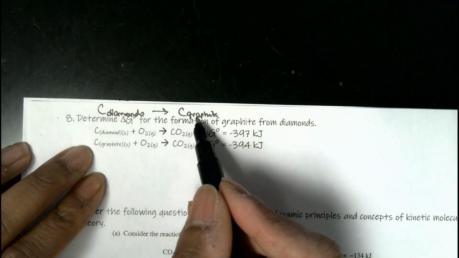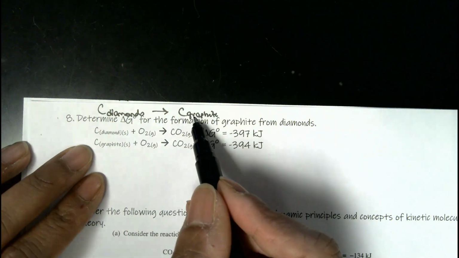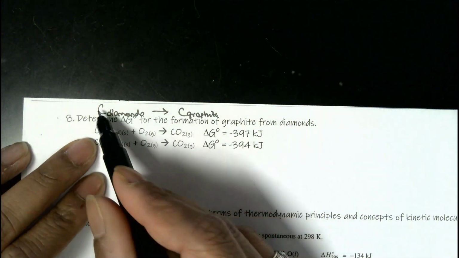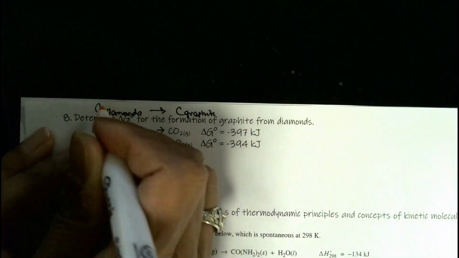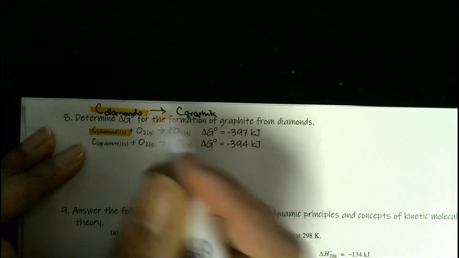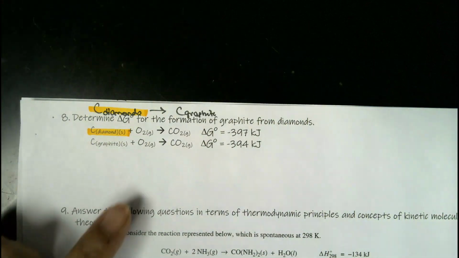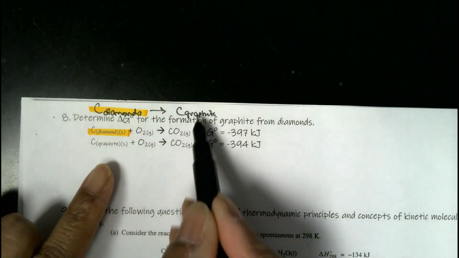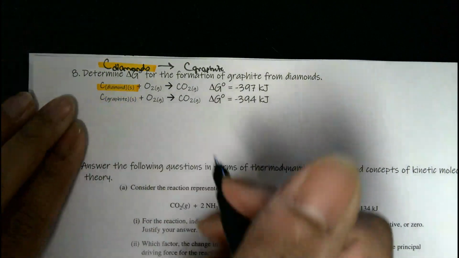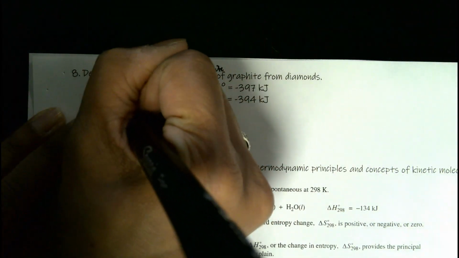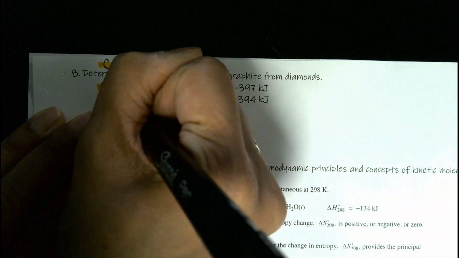So we're trying to see what that free energy looks like. So if diamonds is here on this row, use my highlighter. It's in my reactants. My graphite, however, should be in my product. So for this equation down here, I'm going to have to flip it. So I'm going to use CO2 gas.